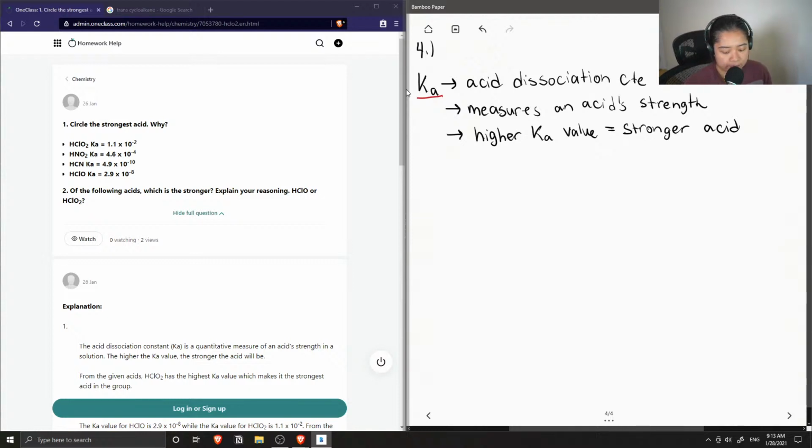And finally, the HClO is 2.9 times 10 to the negative 8. So out of all of these values, the chlorous acid contains the highest Ka value. So therefore, HClO2 is the strongest acid. Then I'll just put in brackets that it has the highest Ka value.